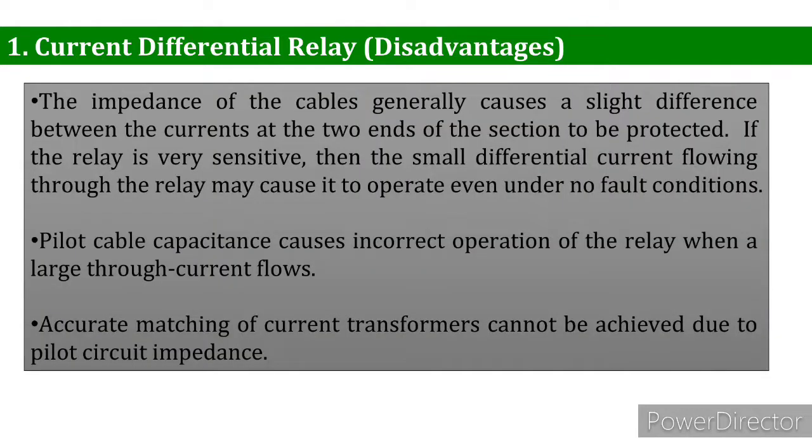There are some problems, or we can say disadvantages, related to this current differential relay that we have to face when we apply this type of protection. Number one is that the impedance of the cables generally causes a slight difference between the currents at the two ends of the section to be protected. If the relay is very sensitive, then the small differential current flowing through the relay may cause it to operate even under no fault condition.